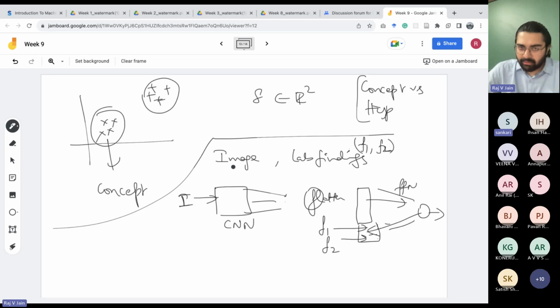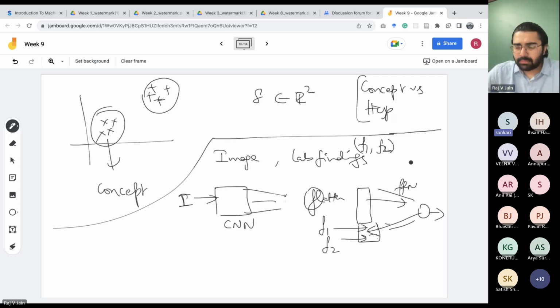For example, the image is for some cancer, whether the person has cancerous cells or not. The corresponding lab findings data I have is based on the person's features. So I want to consider both things in terms of multimodal thing. Then finally I want to conclude whether the person has cancer or not. That is my ultimate output.